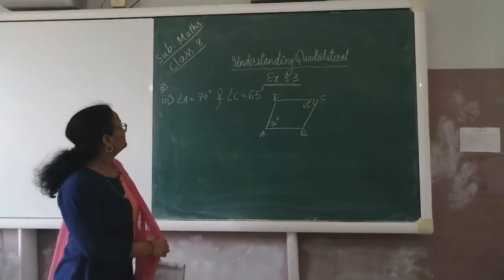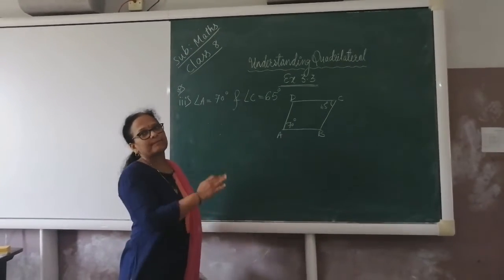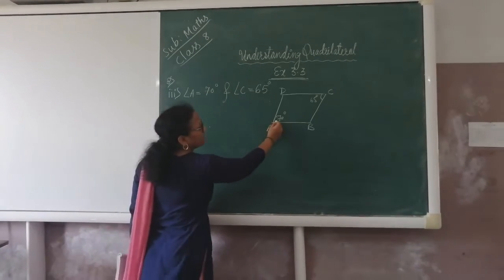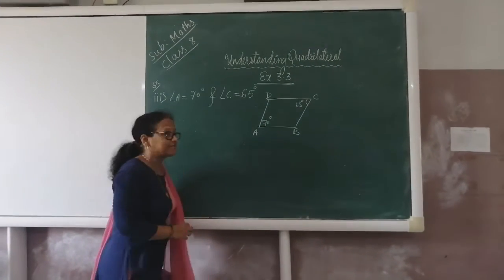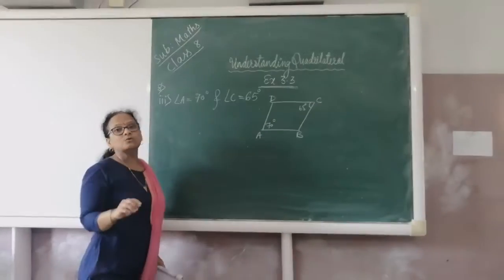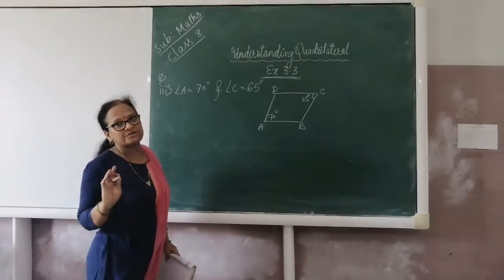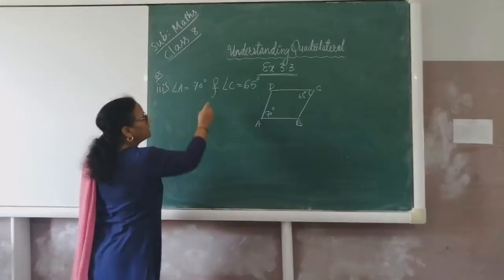Now for the third, here you have to prove whether this condition is applicable for the parallelogram or not. Now here given angle A is equal to 70 degrees and angle C is equal to 65 degrees. Now according to the rule of the parallelogram, opposite angles are equal to each other. Now these opposite angles are not equal to each other.